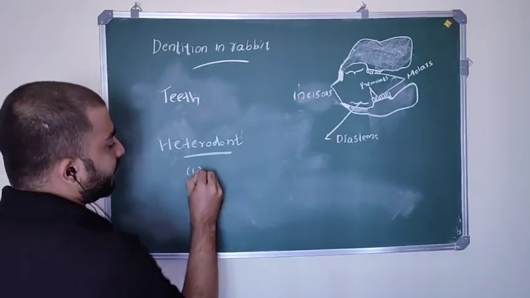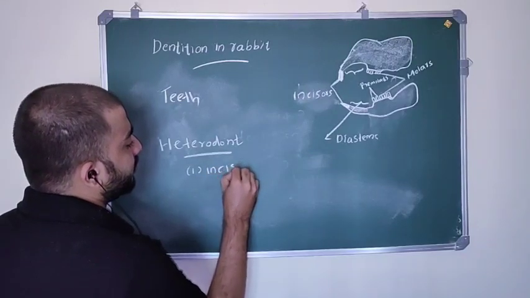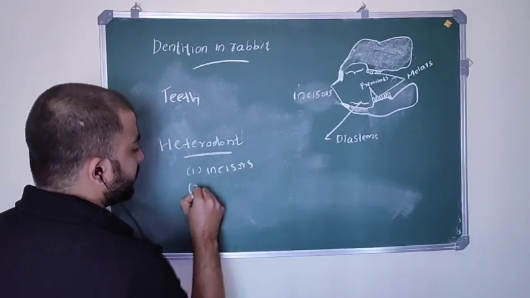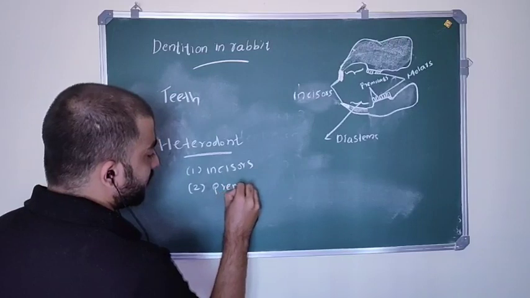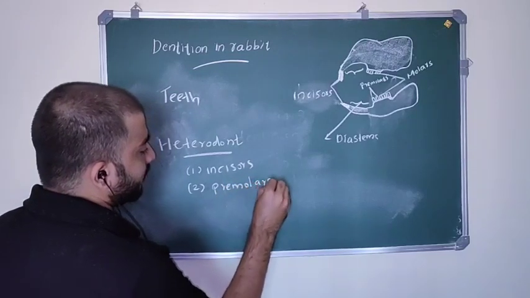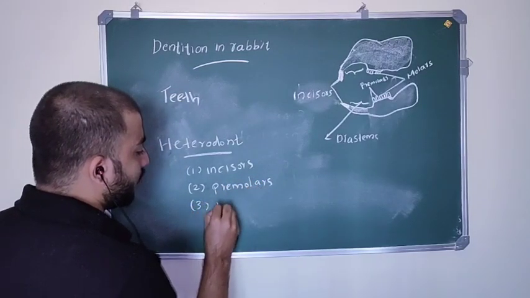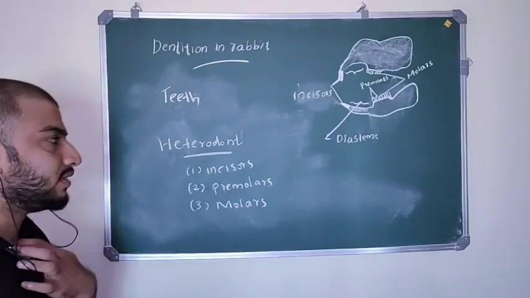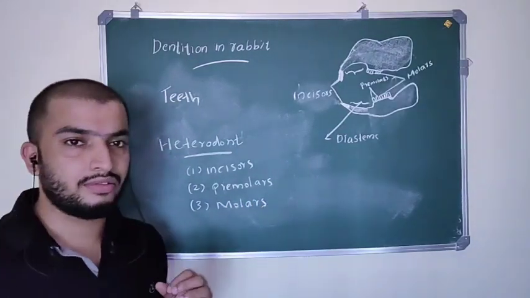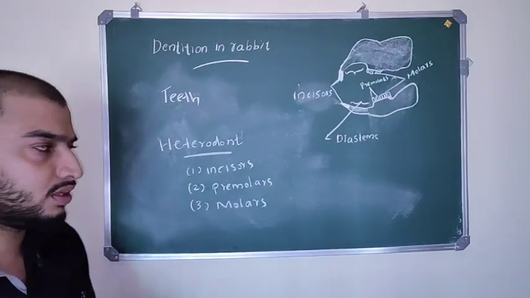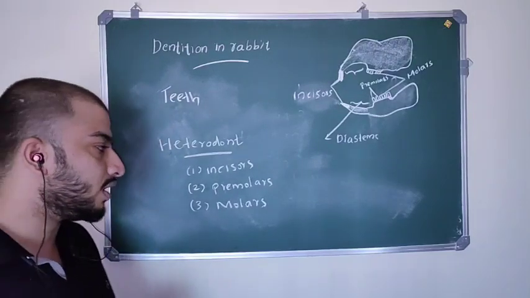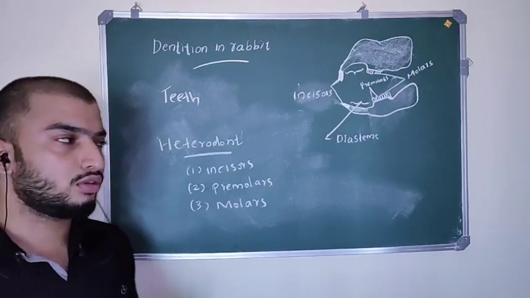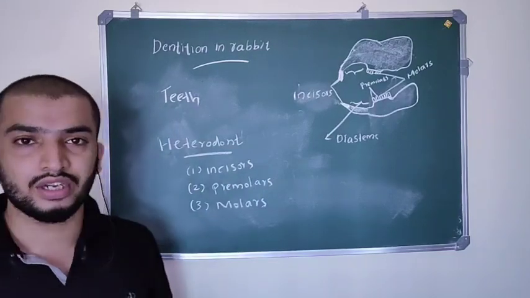They have incisors, premolars and molars. So rabbits have different types of teeth, incisors, premolars and molars. That condition is called heterodont condition.